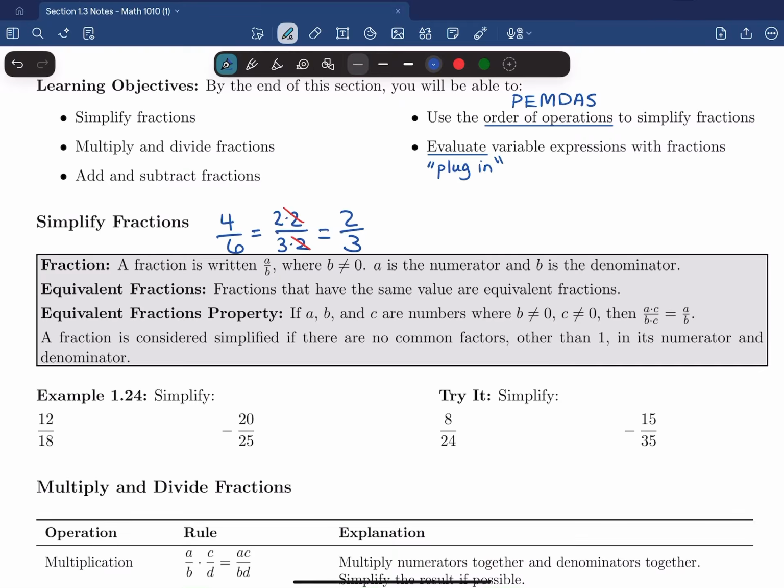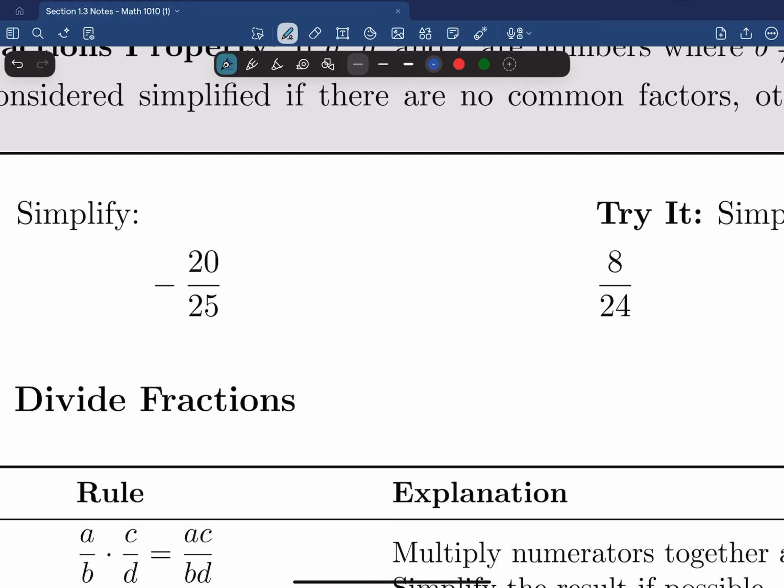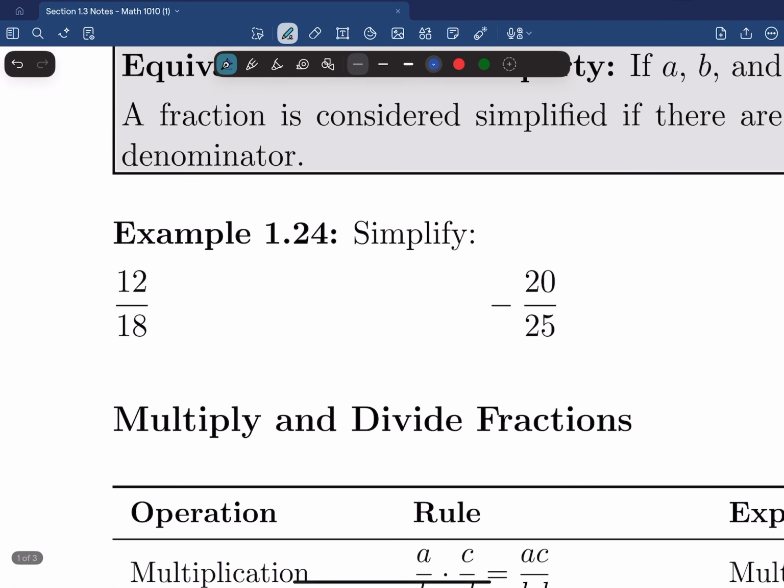Well, let's look at some examples with some slightly larger numbers. In example 1.24, I see the fraction 12/18. And I can break 12 into pieces because I know 12 is 2 times 6. And I can break 18 into pieces, like I know 18 is 3 times 6.